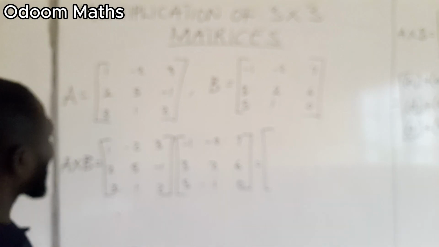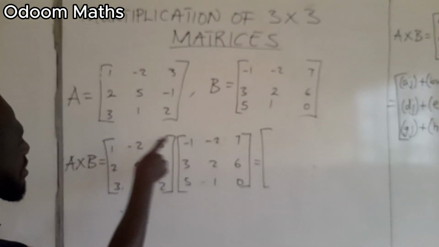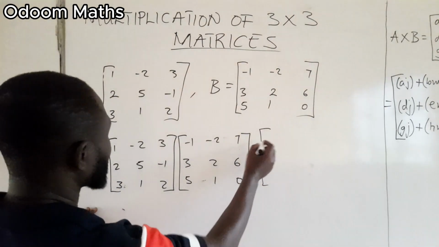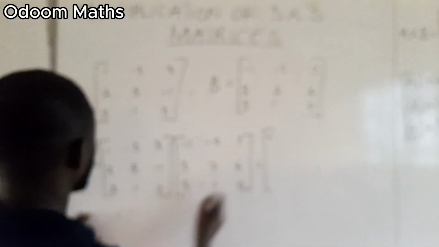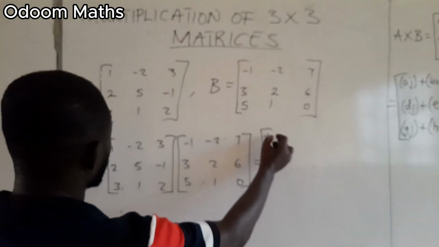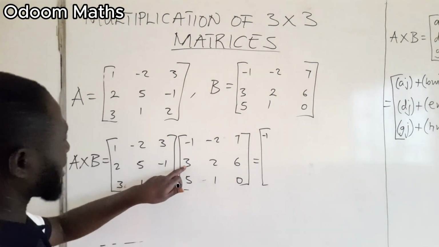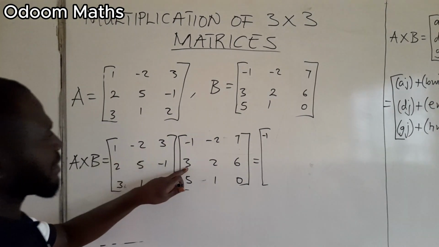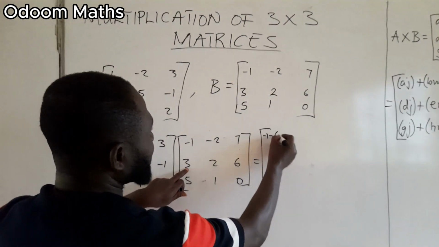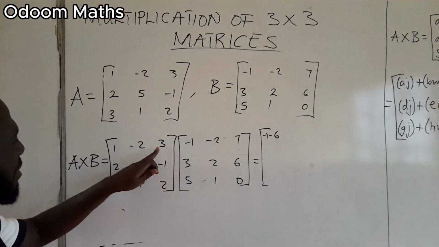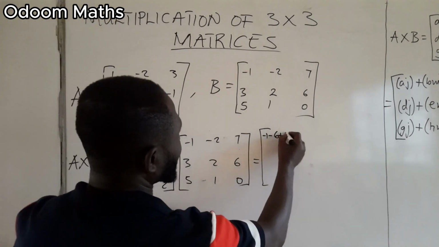Okay, so now 1 times negative 1, that is negative 1, plus negative 2 times 3, that is going to be negative 6, then plus 3 times 5, so plus 15.